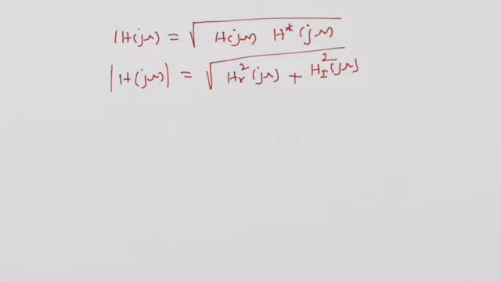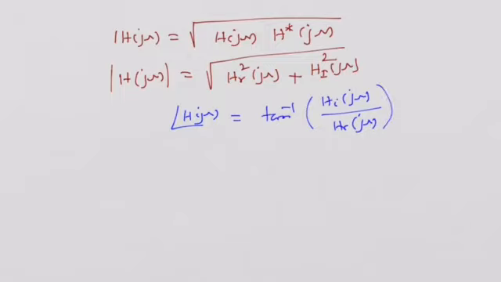The phase function is calculated as the angle of H of j omega, given by tan inverse of the imaginary part over the real part, H I of j omega by H R of j omega.